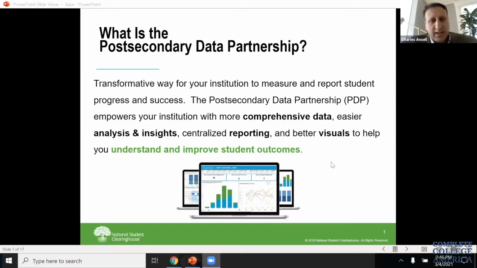I'm now really excited, I could even say very excited, to turn it over to Ken McVeary from the National Student Clearinghouse to go ahead and start demoing the PDP itself, so we can know what we're looking at and talking about in depth. So go ahead, Ken. Thank you.